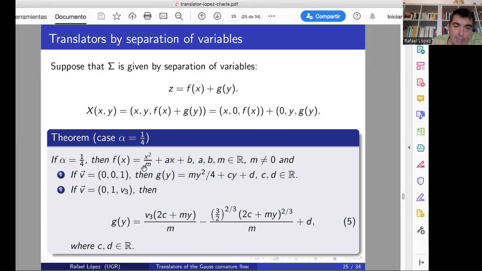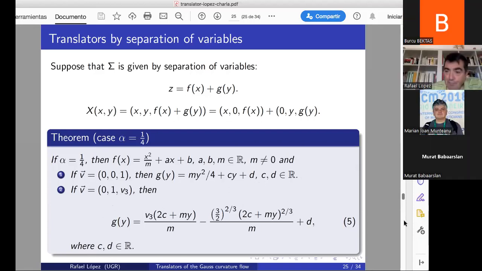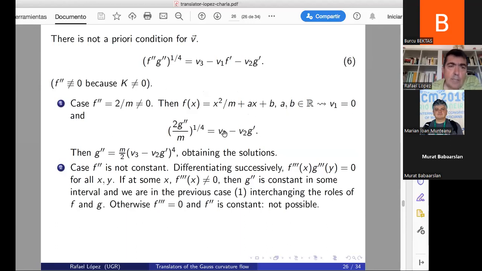If f is like this, then the first coordinate of the speed is 0. If you fix g, then the second coordinate of v is 0. But v is, in some sense, more arbitrary than in the rotational case, because in the rotational case, v must be parallel to the rotation axis. The proof is not difficult.